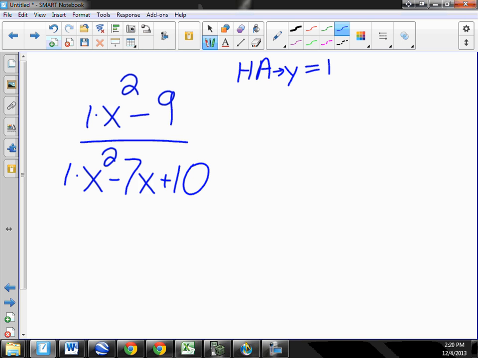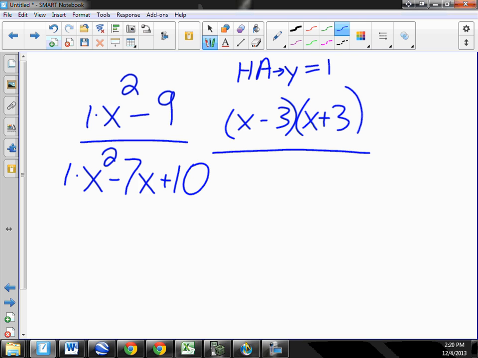Okay? So let's factor the top and the bottom. So x minus 3, x plus 3 over x minus 5 times x minus 2. Do I have any holes? No. Do I have any vertical asymptotes?